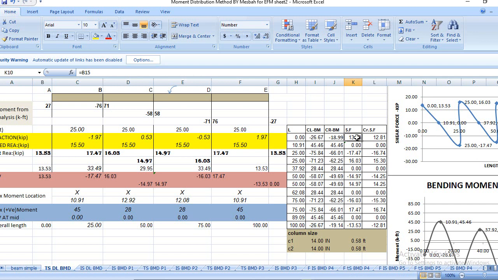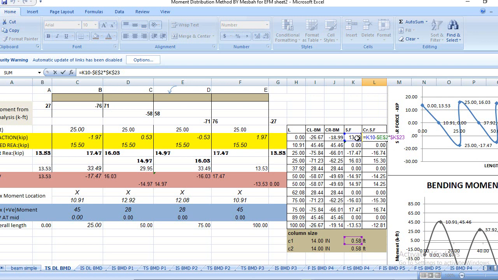Now the next is the shear values. I choose those shear values from here, and then I convert those shear values to the critical shear force. These are the critical shear force, or you can say these are the shear force at face. Clear? So I already explained these procedures.